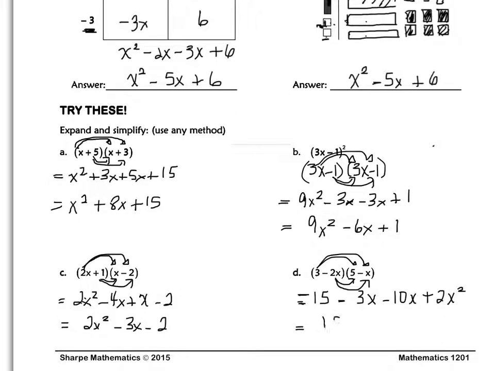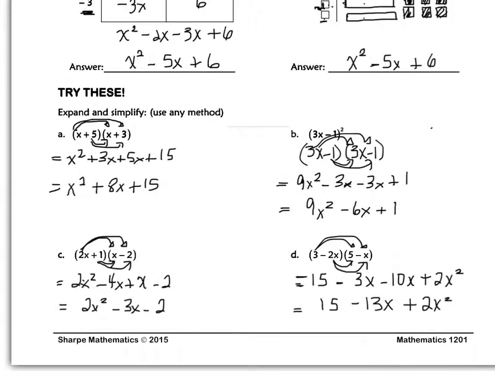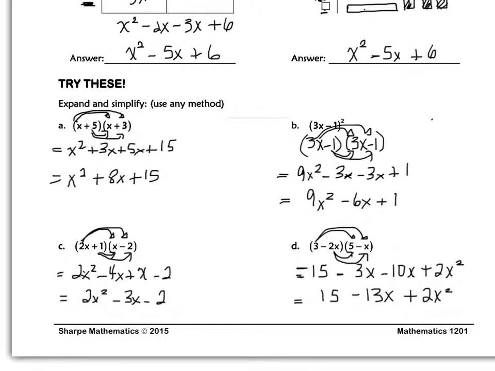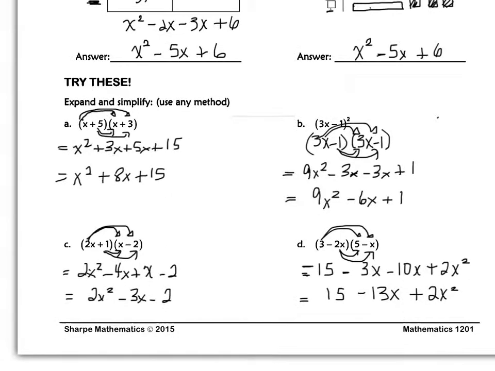And that would give you 15 minus 13x plus 2x squared. Now, a lot of times when you have a trinomial like that, this trinomial meaning 3 terms in your expression, you would usually put the x squared term first.